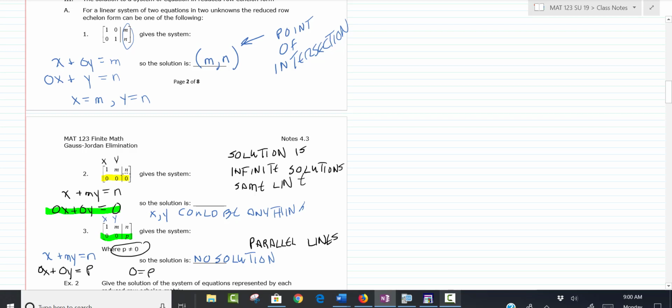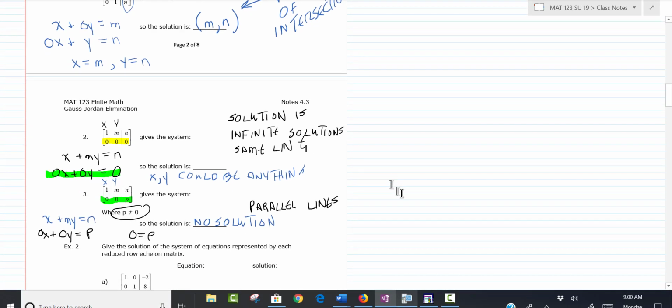And the reason is because that last row means 0x plus 0y equals 0. Think about it. x and y could be any number that you could think of because it would work in that equation. And number 3, when you have a 0, 0, then another number that's not 0, then it's no solution, meaning parallel lines. And that's because if you take 0 times a number plus 0 times another number, you'll never get a non-zero number. So that's what you want to think about.